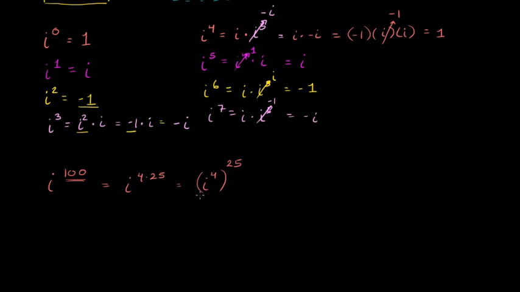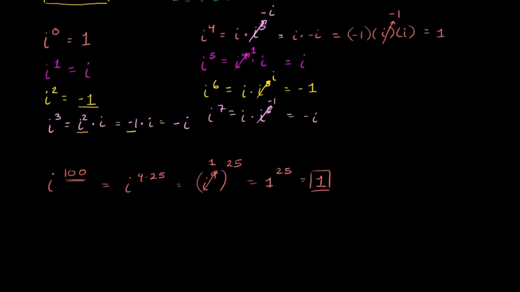And we know that i to the 4th is pretty straightforward. i to the 4th is just 1, so this is 1 to the 25th power, which is just equal to 1. So once again, we use this cycling ability of i when you take its powers to figure out a very high exponent of i.